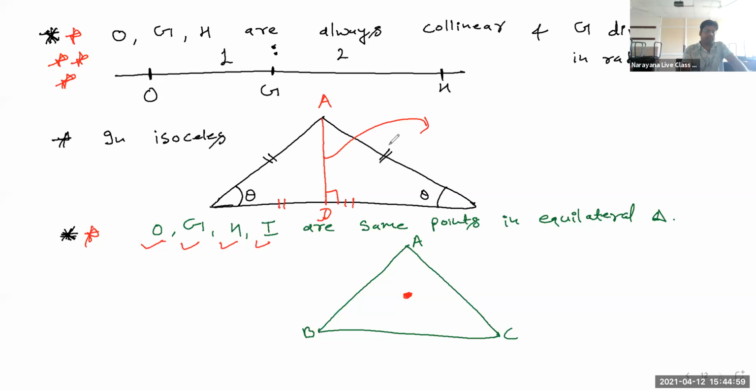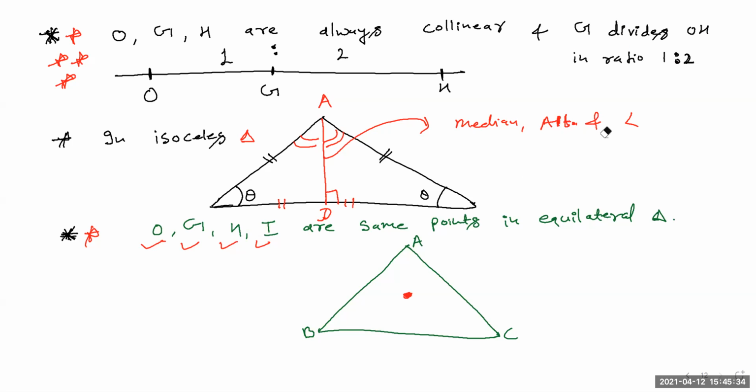So in an isosceles triangle, median, altitude, and angle bisector. This will also be angle bisector. So altitude, median, angle bisector, and is there anything remaining? Altitude, median, and perpendicular bisector.